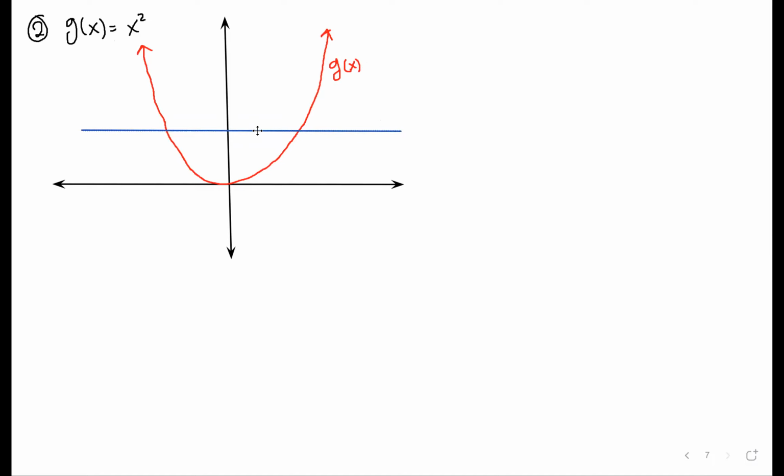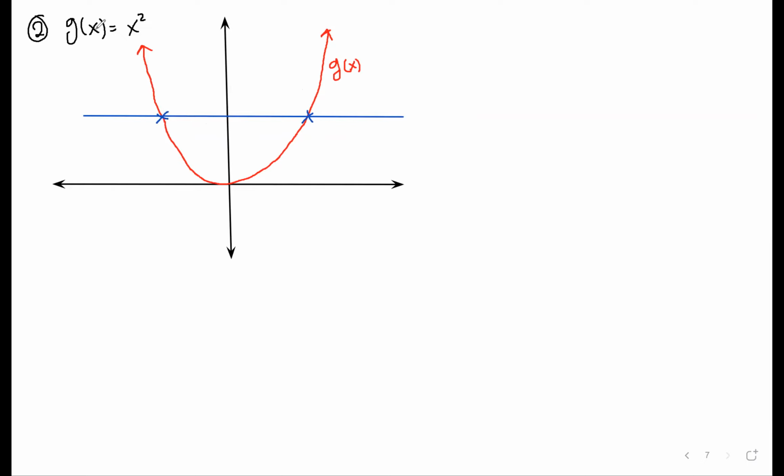Does this line intersect the graph at only one point? No. So this means this function is not 1-to-1. Look, the line intersects the graph at this point and at this point.